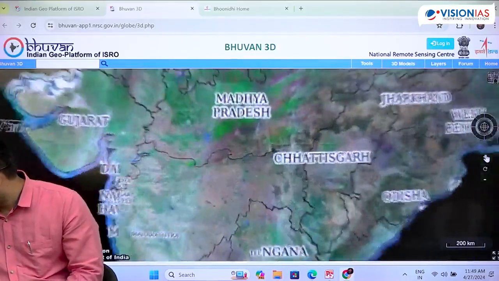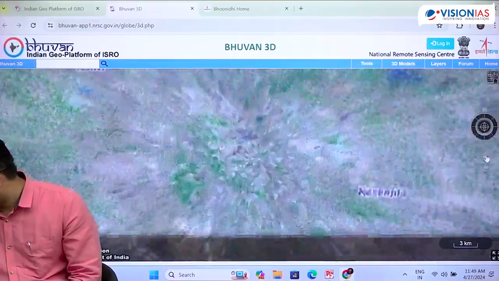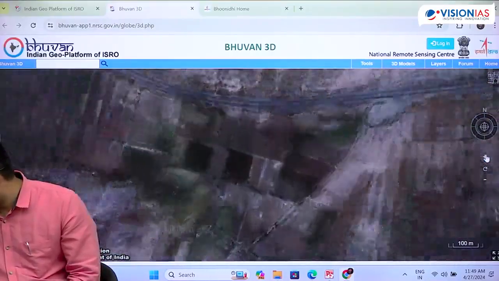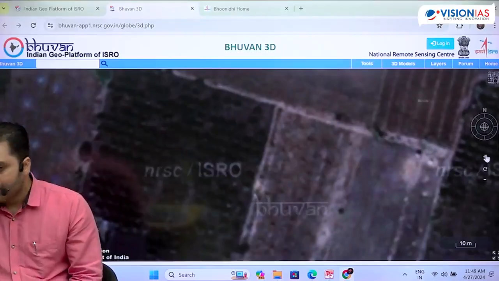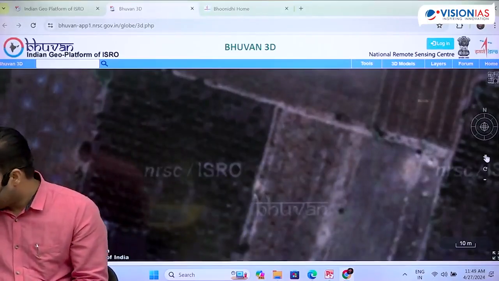So we can zoom at a very specific location. I am here somewhere in Maharashtra, I guess, Maharashtra Madhya Pradesh border. And I can keep zooming in and I can look at the very specific land tracts also. And I have that information because of the data collected by remote sensing satellites of ISRO.